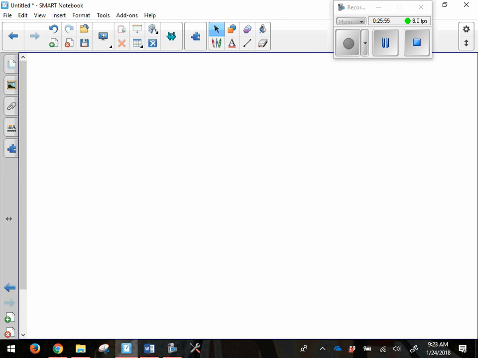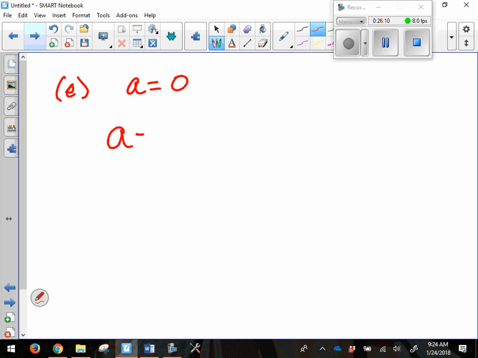All right, part E. What does part E ask us? All right, so I want acceleration equal to 0. How do I get acceleration? Okay. So that was d2s dt squared, or dv dt, which was equal to what before?